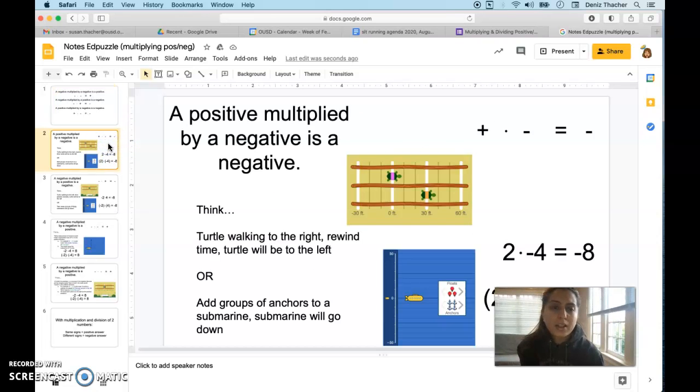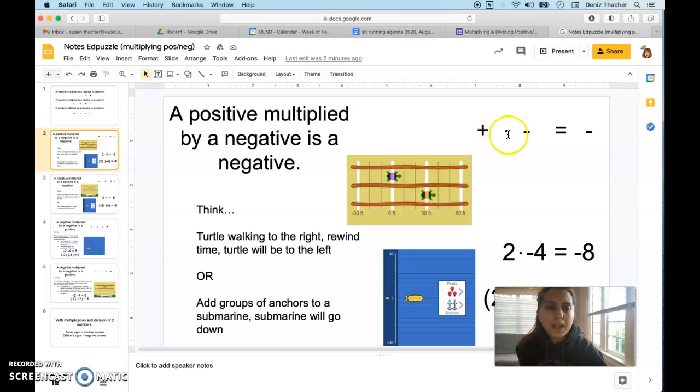Now let's go ahead and take a look at this example of a positive multiplied by a negative is a negative, and let's try to really understand why. So not only is that the rule, but there is a reasoning behind it. If we think about the turtle situation, here's Tim and Tam, the turtle would be walking to the right. So this first value, whatever positive number you're working with, shows that you are moving towards the right.